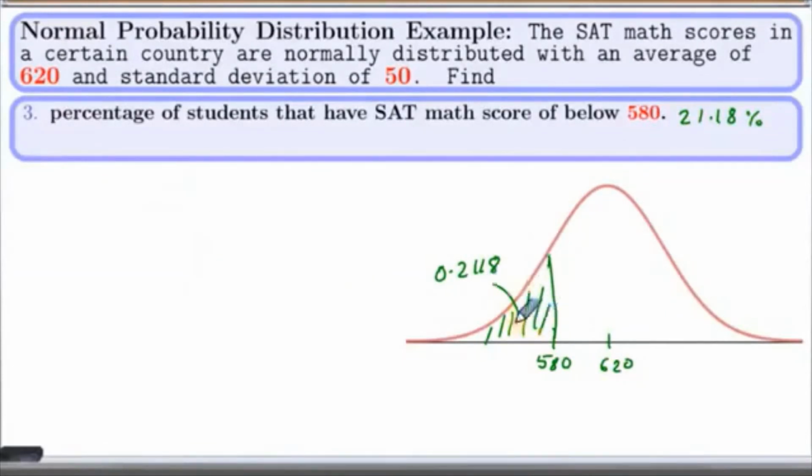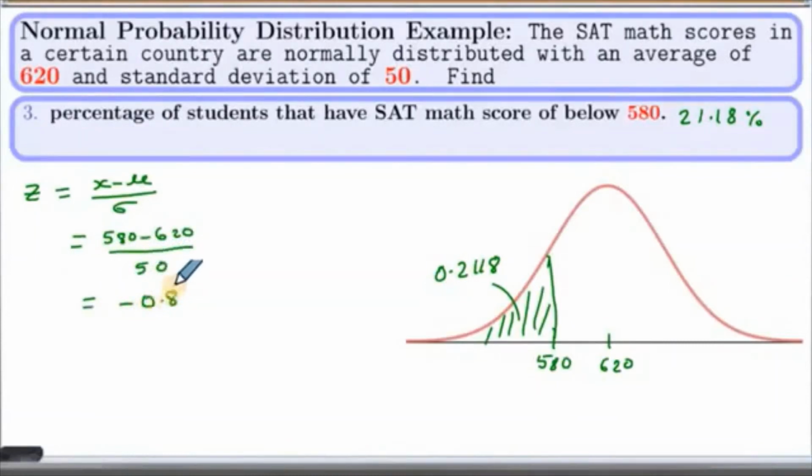For that, we need to first find the z-score for 580. For that, we can use the formula for z, which is z equals x minus mean over standard deviation. Our x here is 580, our mean is 620, and our standard deviation is 50, which equals negative 0.8.